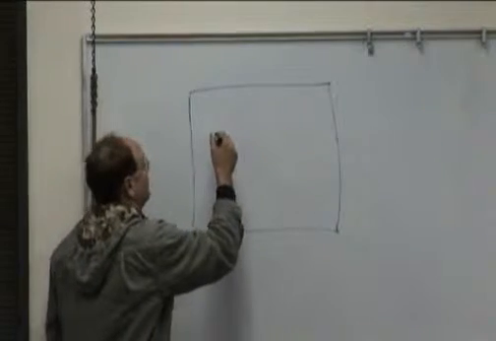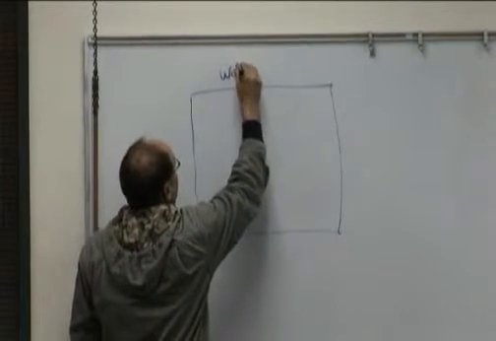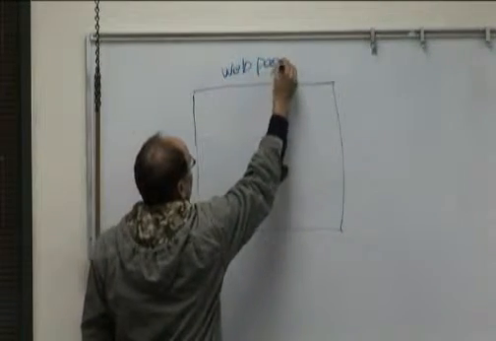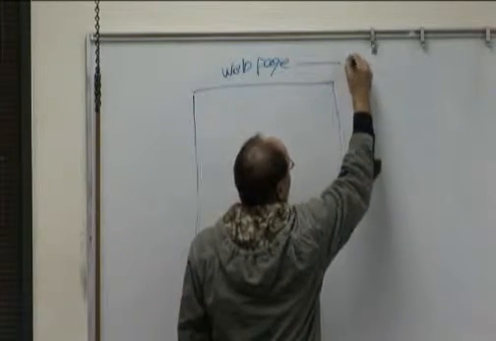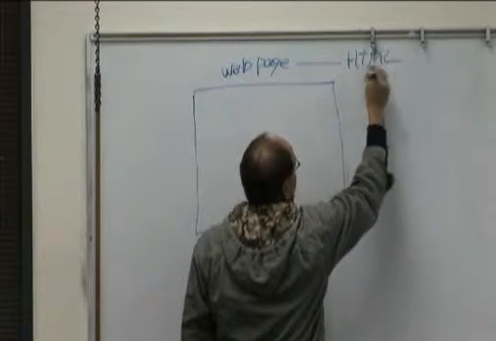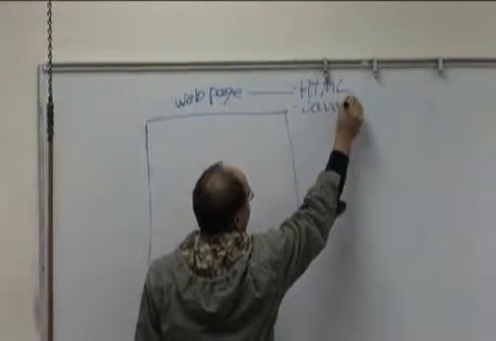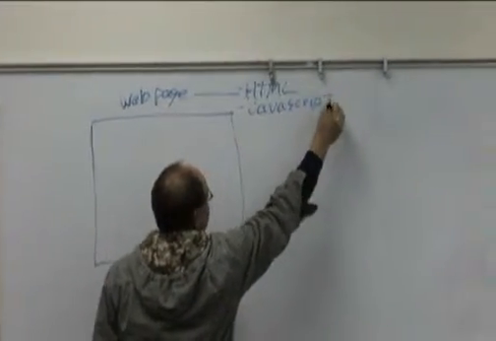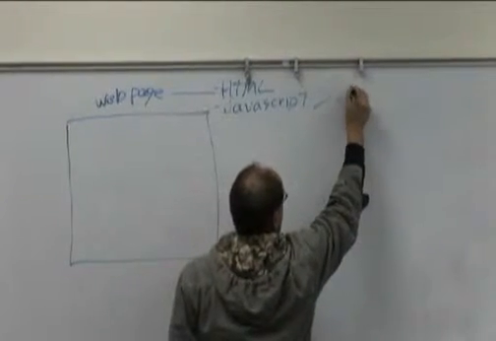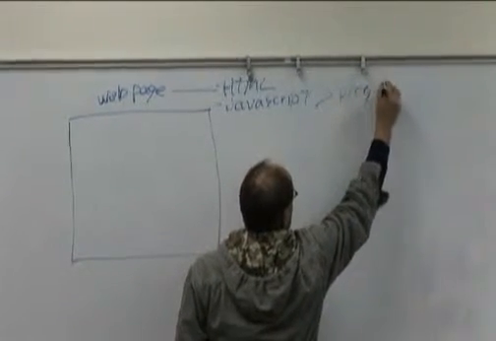So when we talk about a typical web page, we're talking multiple things. What is on a web page? Well, we have HTML. Sometimes we have things like JavaScript. These are mostly programming kinds of languages, even though HTML is not really programming.